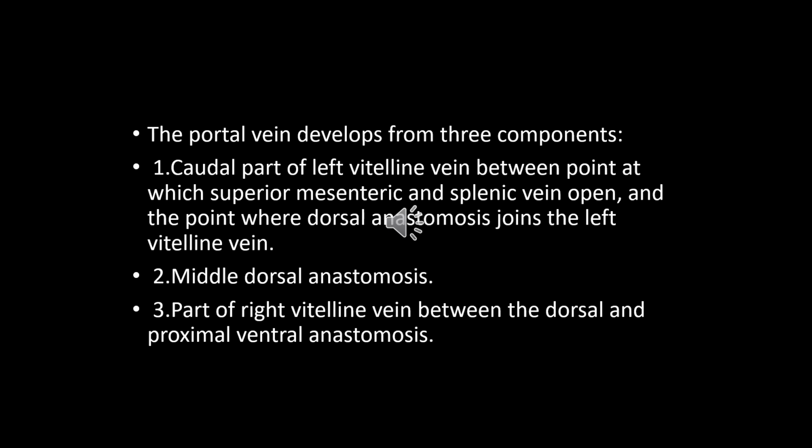So the caudal portion of the left vitelline vein will disappear, and the middle dorsal anastomosis will give rise to the portal vein, and also the part of the right vitelline vein between the dorsal and the proximal ventral anastomosis. The proximal anastomosis, which we have seen, becomes the left branch of the portal vein.